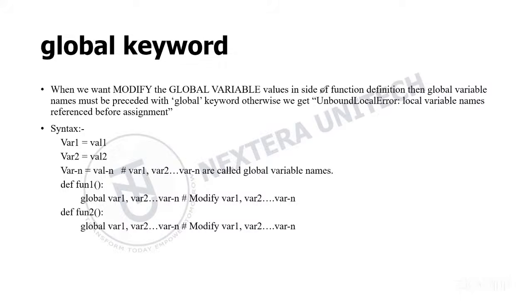So if you want to modify a global variable, so global variable is the variable which is defined outside of a function, right? So to modify that global variable inside of a function, we will use the global keyword.